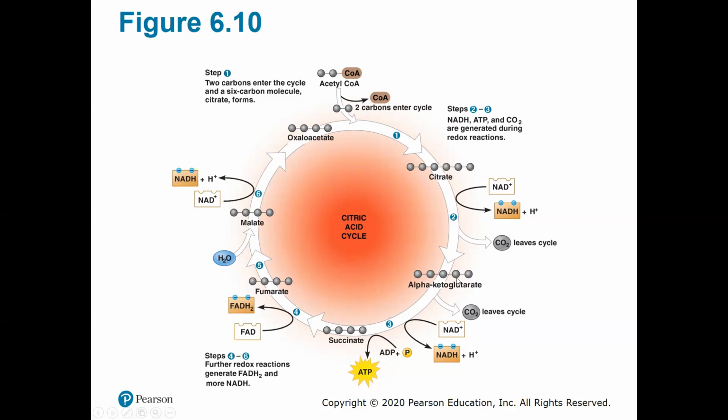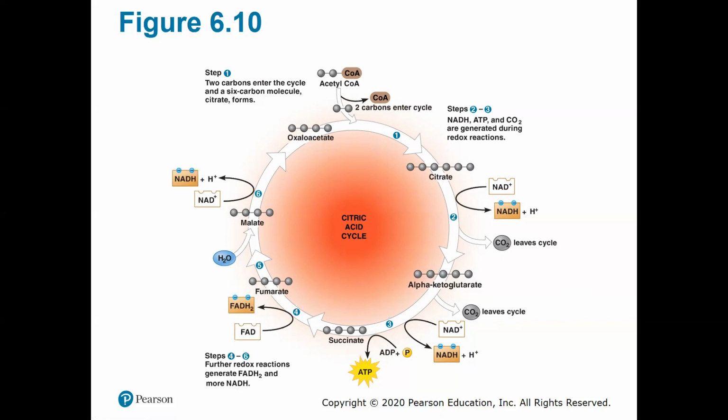And so this is the citric acid cycle. It's just a series of chemical reactions that create energy carrier molecules, or ATP, and CO2 as a waste product.